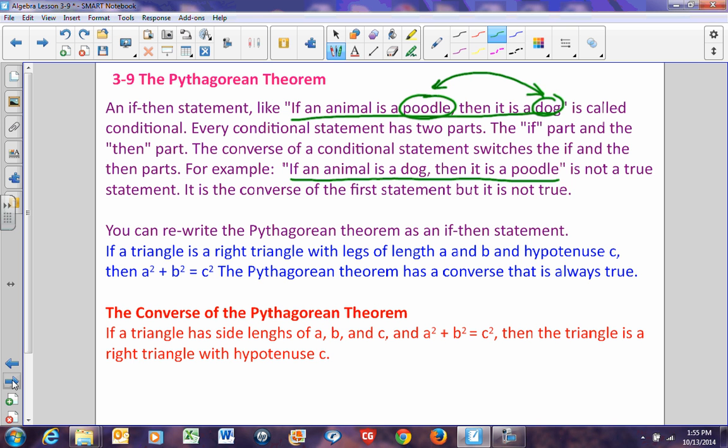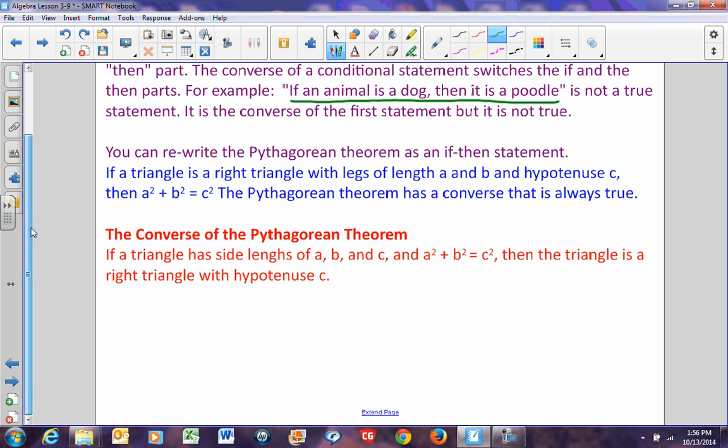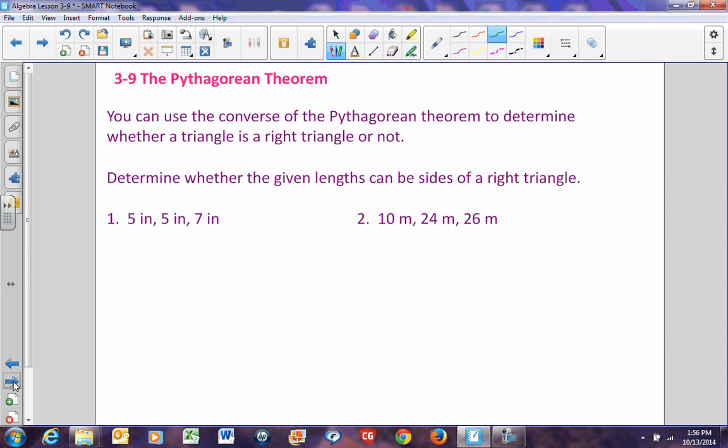The converse of the Pythagorean theorem says if a triangle has side lengths of A, B, and C, and A squared plus B squared equals C squared, then the triangle is a right triangle with hypotenuse of C. You might be asking, what good does this do us? Well, now I can give you lengths and say, do these lengths make a right triangle? For example, you can use the converse of the Pythagorean theorem to determine whether a triangle is right or not.